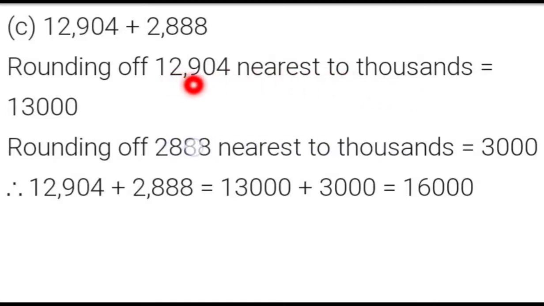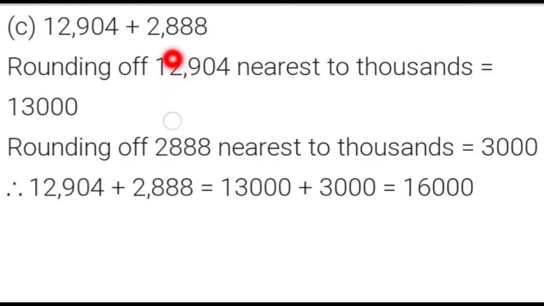As you know, this number is 904. So this 900 is lying between 900 and thousands, right? But as we are going to round it off to the nearest thousands, the number lies between 12,000 and 13,000.